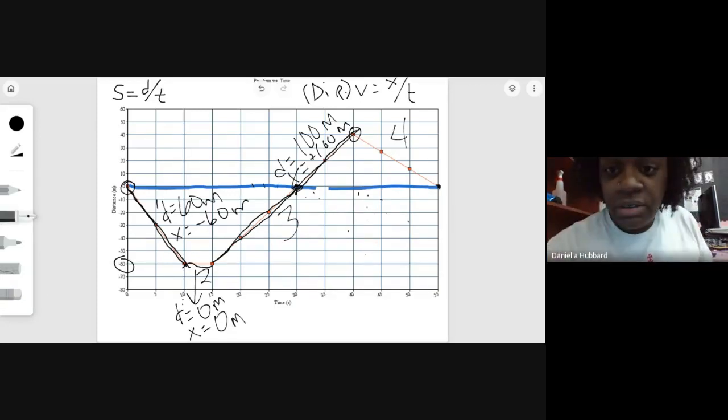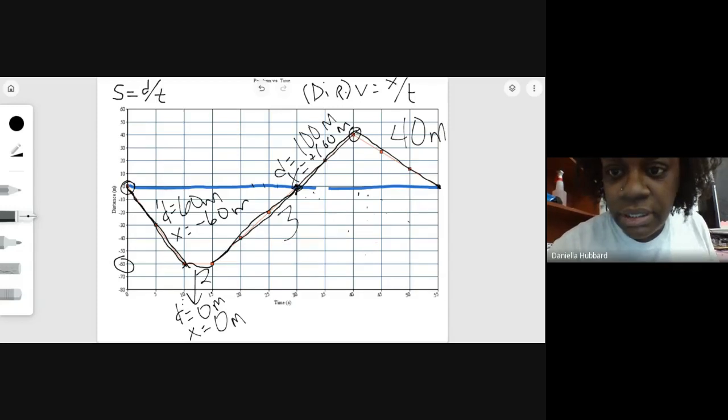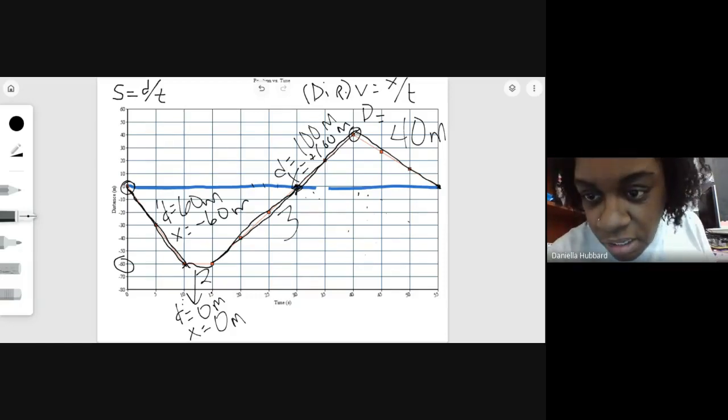Last section, we leave the store and we come back home to our house. We're back at 0. So my distance for section number 4, I'm going to put the 0 behind here for 40. That is my distance. My displacement is also 40, but look at the slope.